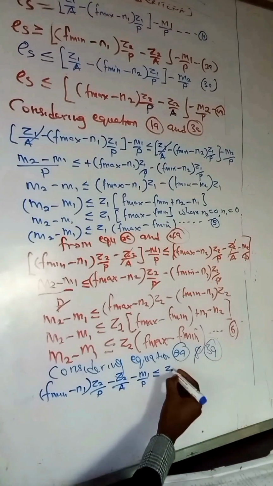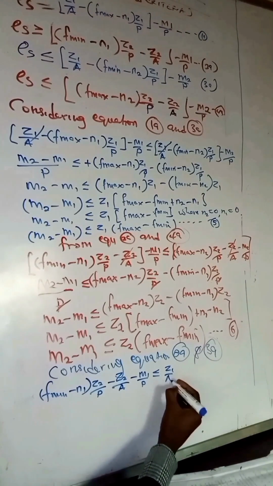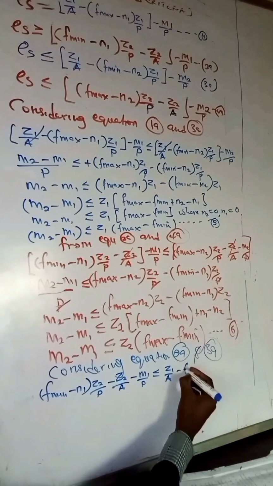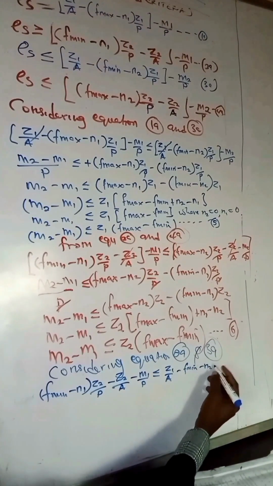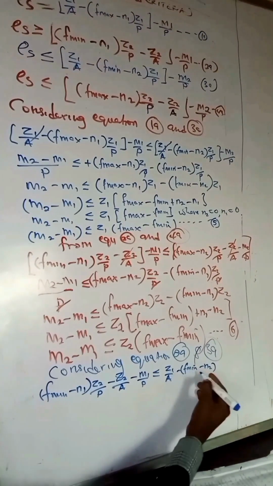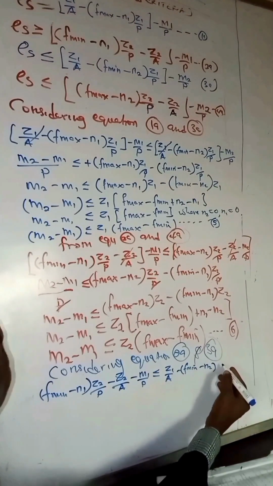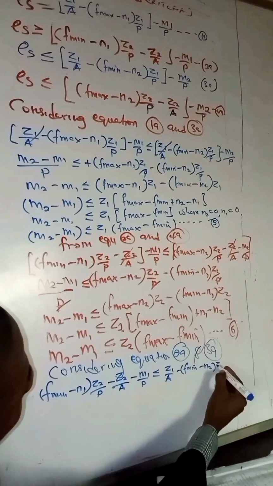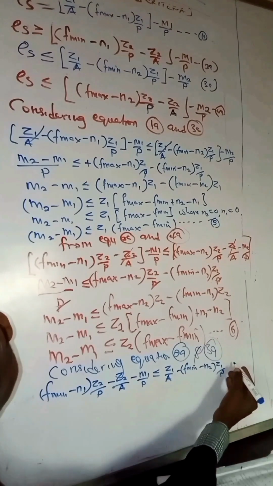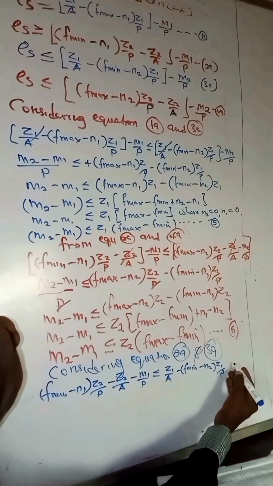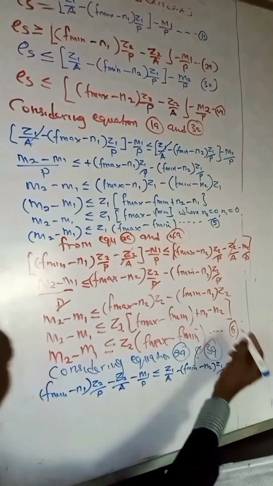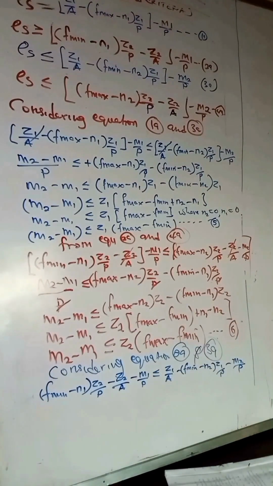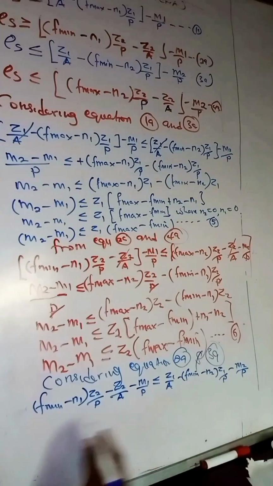With equation 3, we have Z1 over A minus F minimum minus N2, close bracket, Z1 over P, and minus M2 over P. So this is what we have for equation number 3.